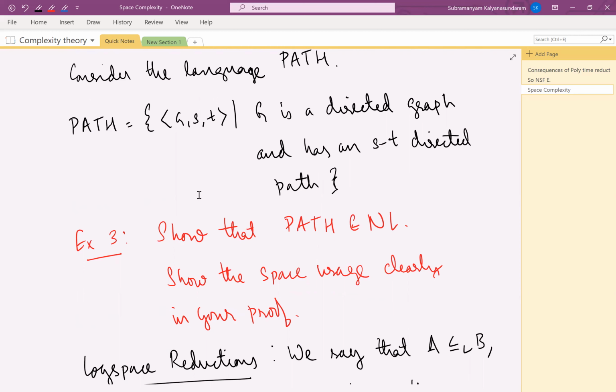So given a directed graph and two vertices, show that using non-deterministic log space, you can determine whether you can go from S to T. So just think about how you may approach this. This is a bit more involved than the other two exercises that I gave. Basically, you can use non-determinism, meaning you can guess some things.